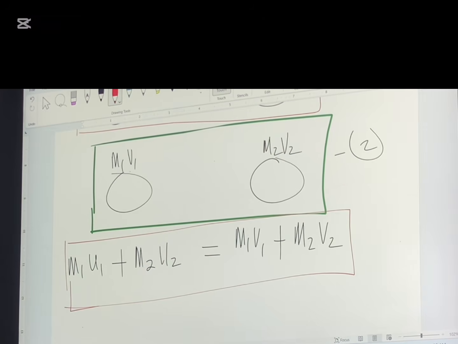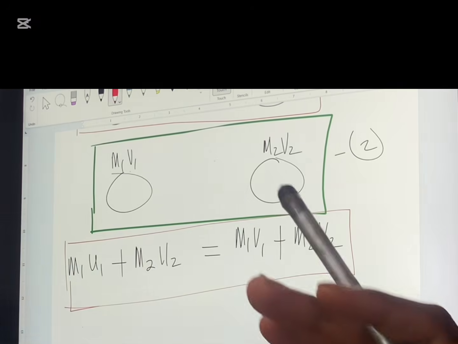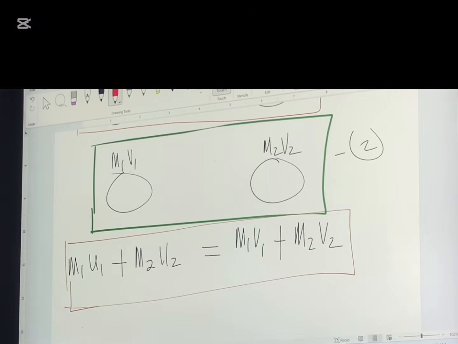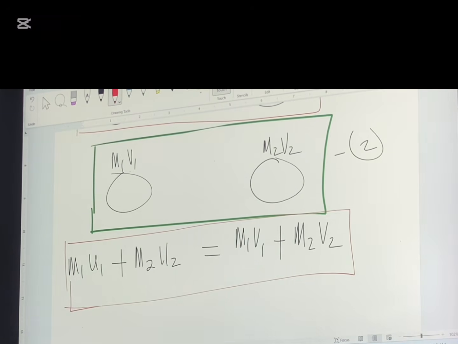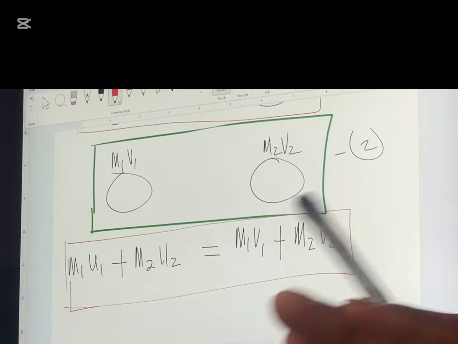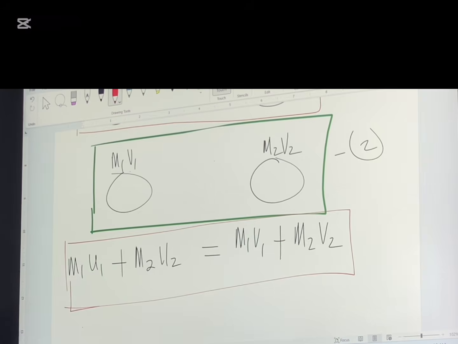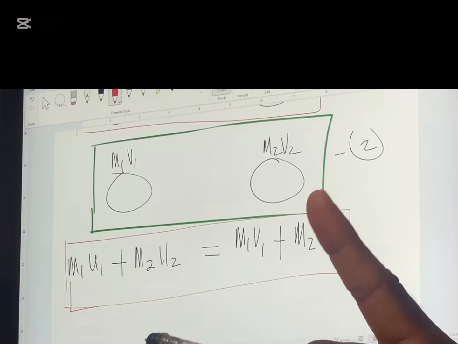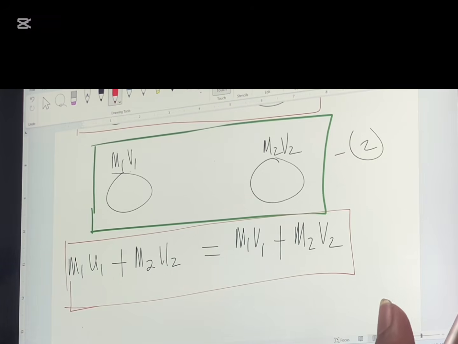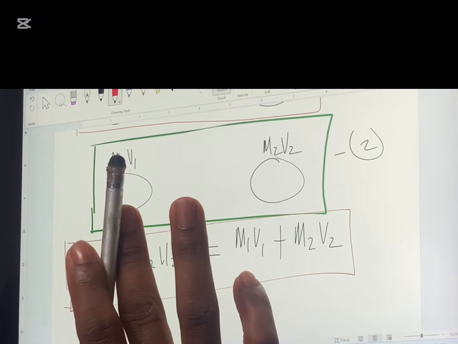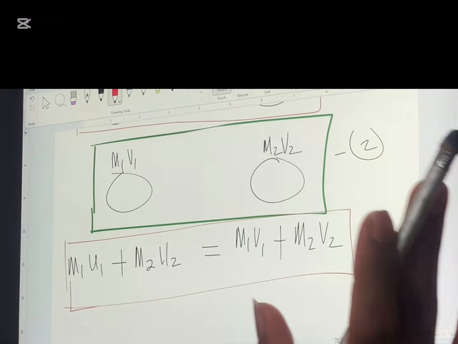If the objects don't stick together after collision, we call it elastic collision. But if the objects stick together after collision, we call it inelastic collision.